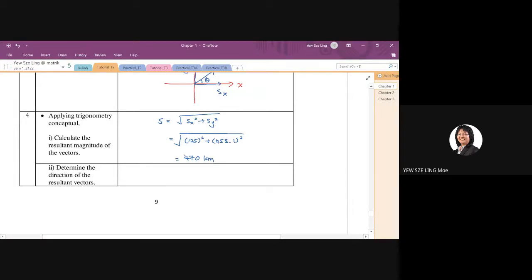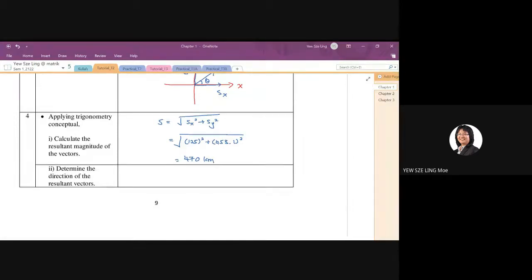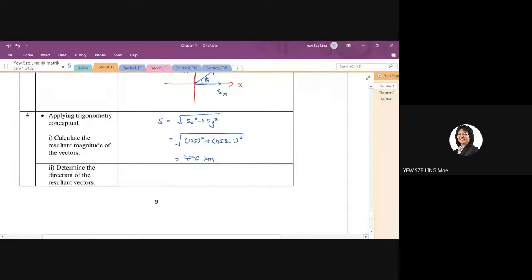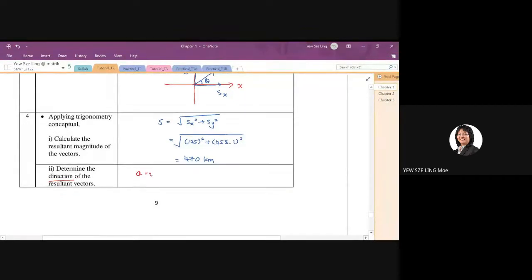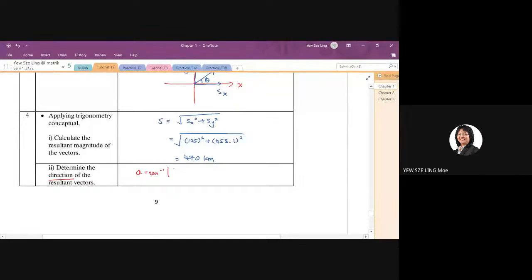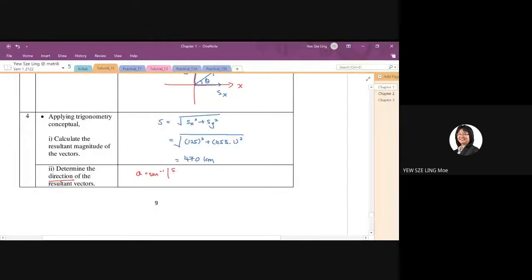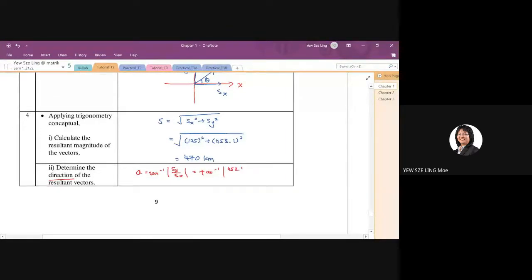And then the direction. The question is asking for the direction of the flight. So direction in a vector always refers to angle. So theta equals tangent inverse of modulus Sy over Sx, which equals tangent inverse of 453.1 over 125, which equals 74.6 degrees.